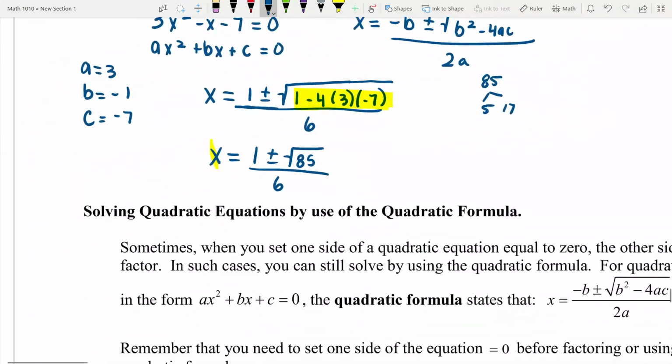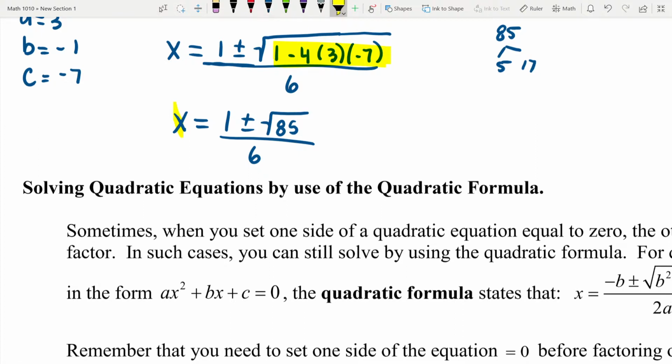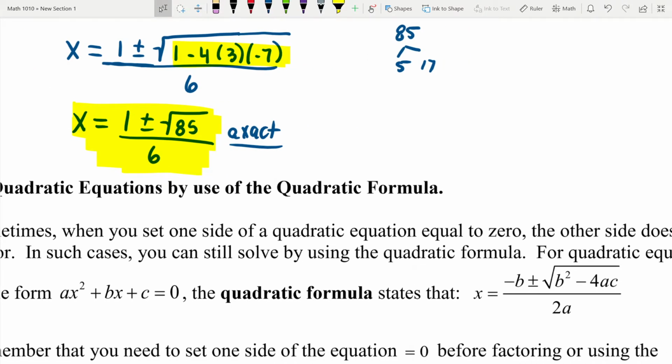Okay. Now I want to tell you two things. Highlight that answer. And off to the side, I want you to write exact. That is an exact, perfect answer, okay? And then we're going to go 3 digits past the decimal. You never, ever, ever write your answer in decimal form unless what? Finish my sentence. Unless they tell you to. Good.